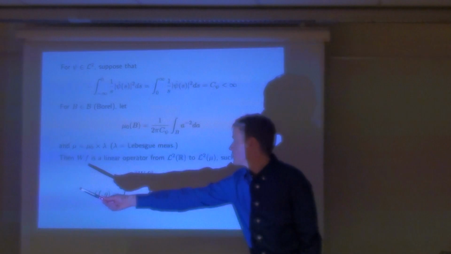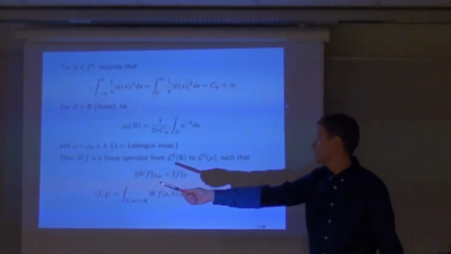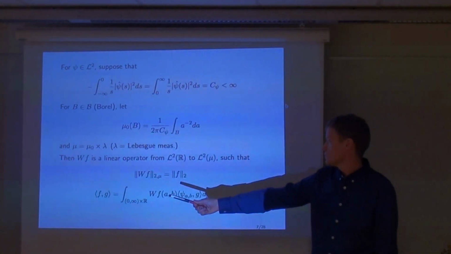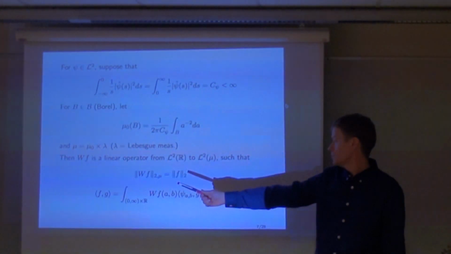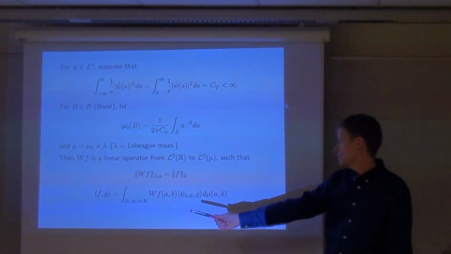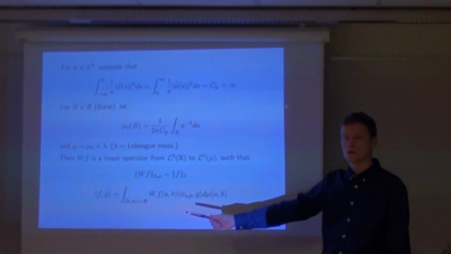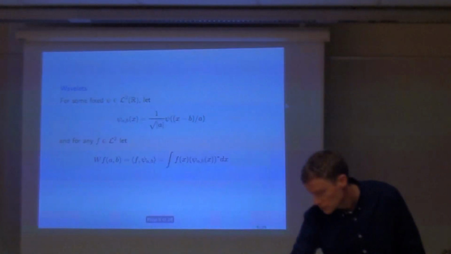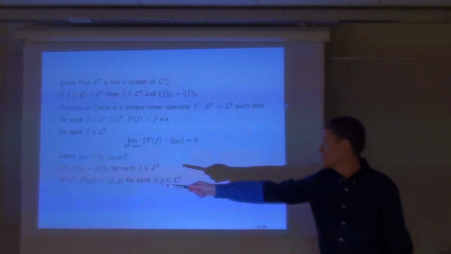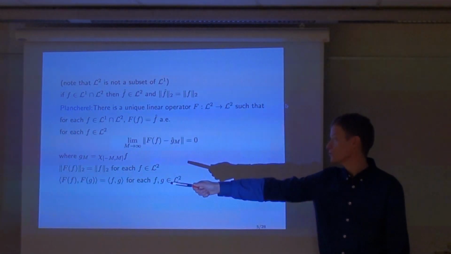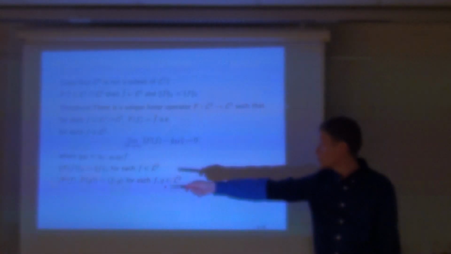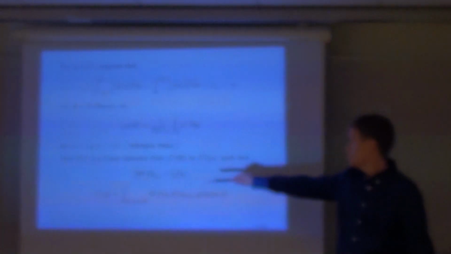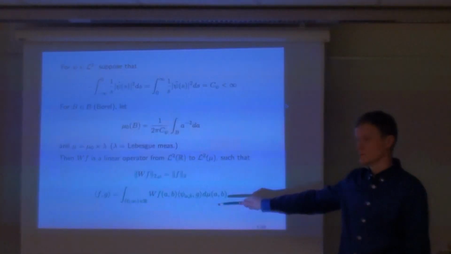So if this is the wavelet transform, it's a linear operator from L2 to L2 that preserves the norm and inner product in this sense. So these two correspond to those two for the Fourier transform. You preserve the norm and the inner product.